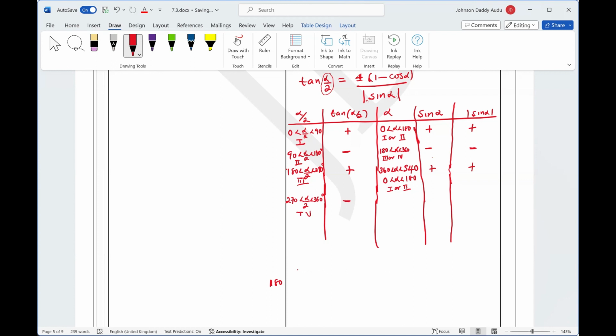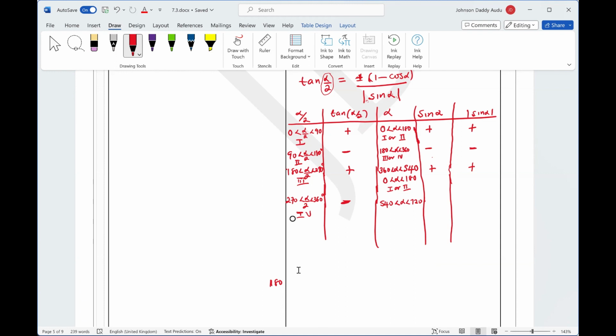Now, if you multiply this by 2, what do we get? You will see that here you will have 540 and what? 720, right? And now what can you do? This is telling us you are in the fourth quadrant.